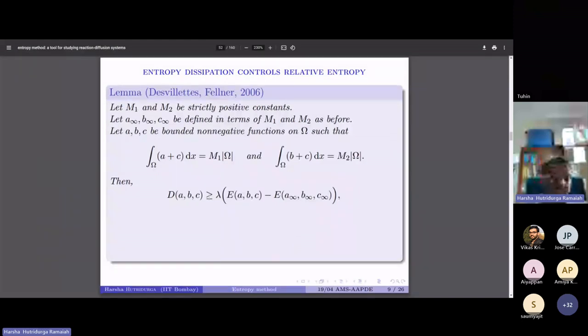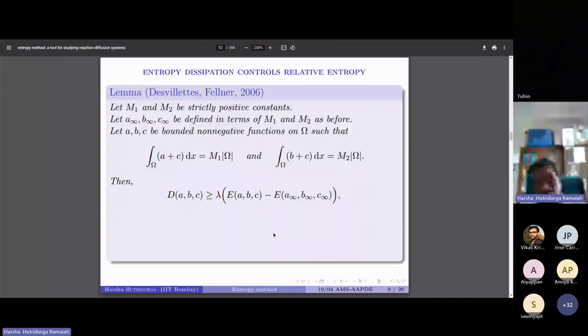This is a functional inequality, which is true for a certain class of functions. D(A,B,C) is greater than or equal to some constant lambda times this difference, the entropy functional evaluated at A, B, C minus the entropy functional evaluated at these three constants, A infinity, B infinity, and C infinity, determined by m1 and m2. Okay, and this difference is referred to as the relative entropy.